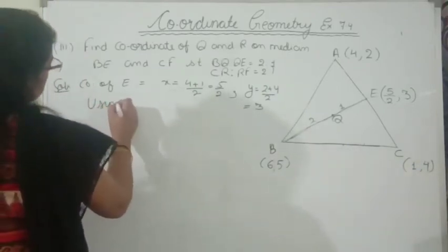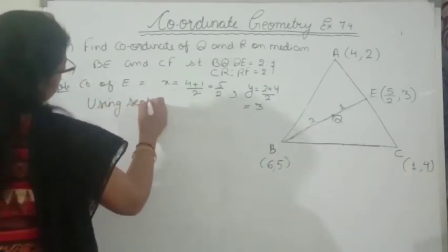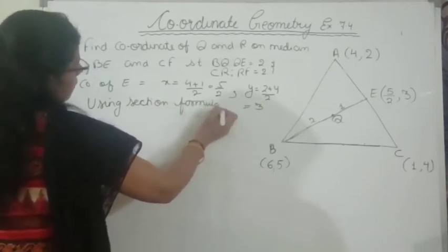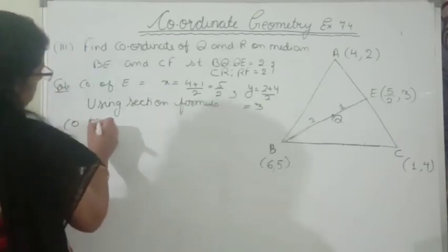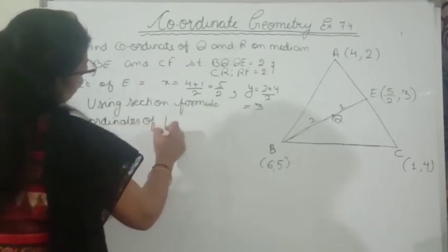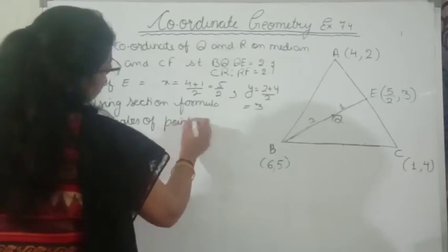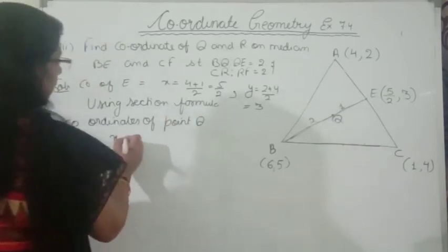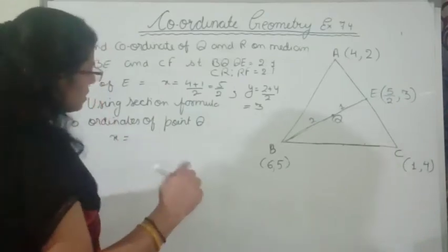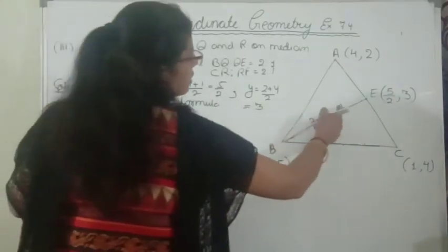So we got this. Now easily we can find it by the section formula. So using the section formula, what will you get? The coordinates of point P. First find the x coordinate: M1 x2 plus M2 x1 upon M1 plus M2. So this is M1, this is M2.